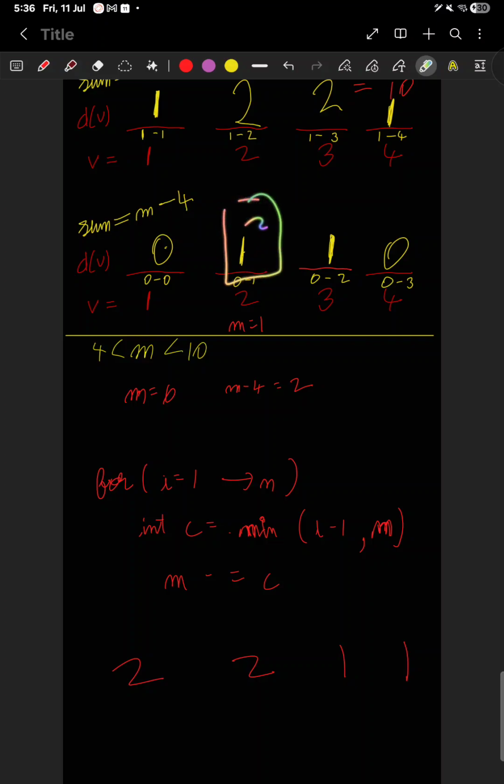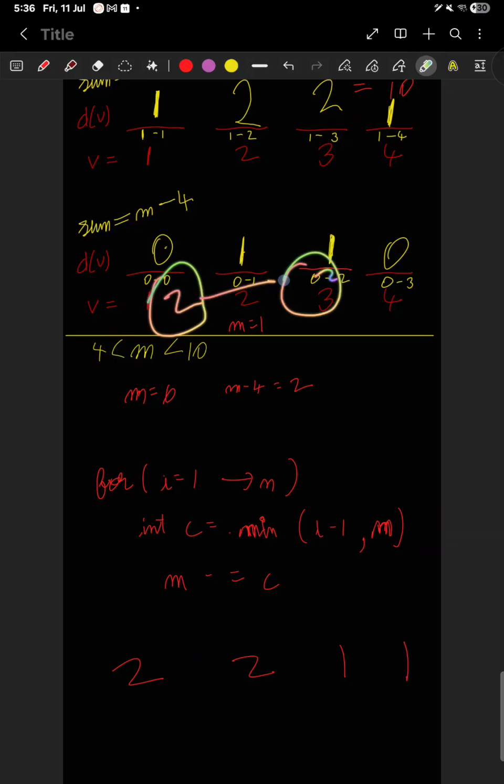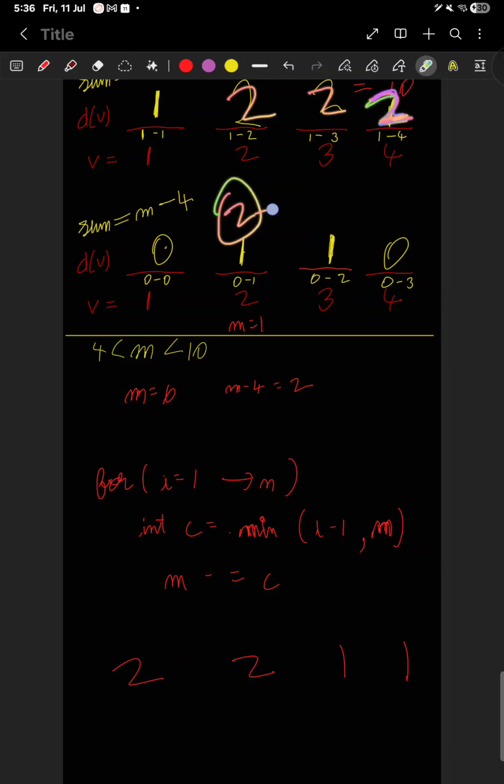Let's assume the first node is 2, then 3, then 4, and assume for a second that the divineness is 2 for all three of these, and this should be the tree.